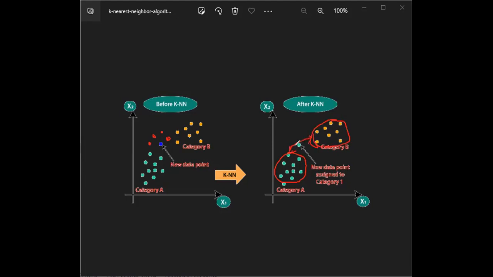If you observe, this point is much nearer to category A, so it will put it in category A. And if you observe these 2 points which I have drawn here, they will go in category B because they are much nearer to category B. So that is how K nearest neighbor works.